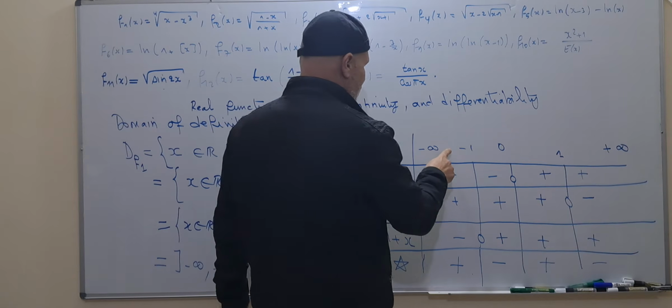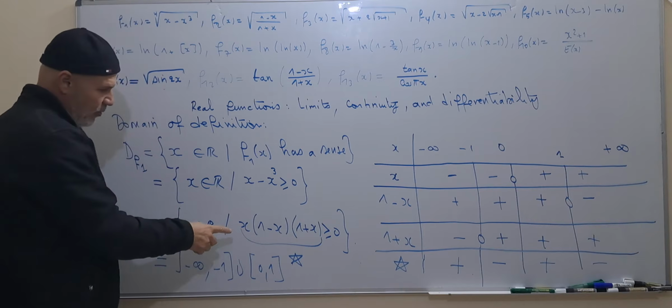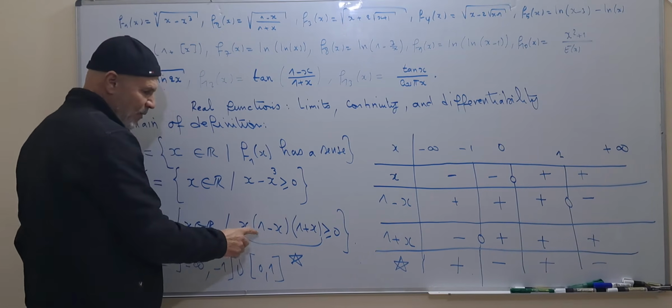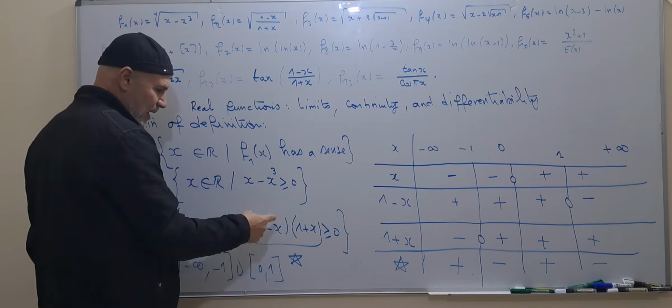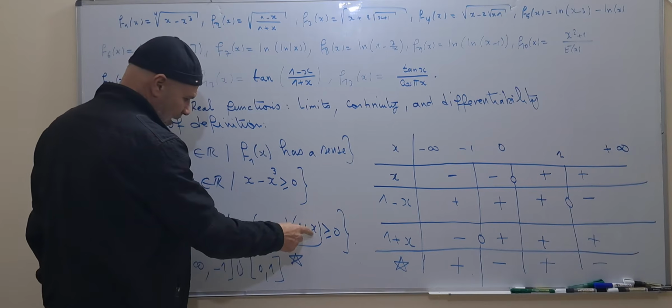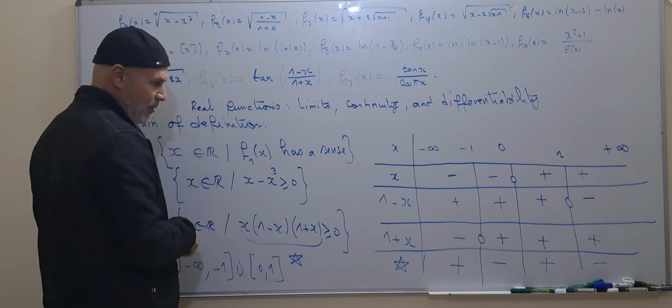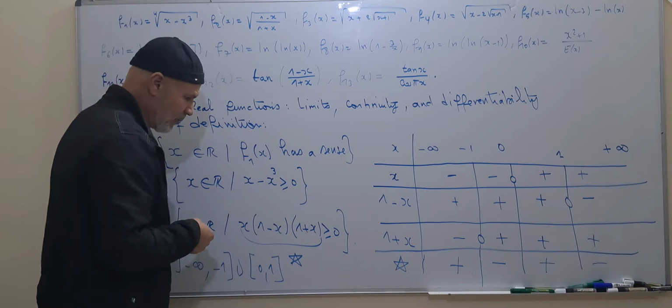If we take, for example, x equal to minus 2, then x is negative, 1 minus minus 2 is positive, and 1 plus minus 2 is negative, so the product is positive.